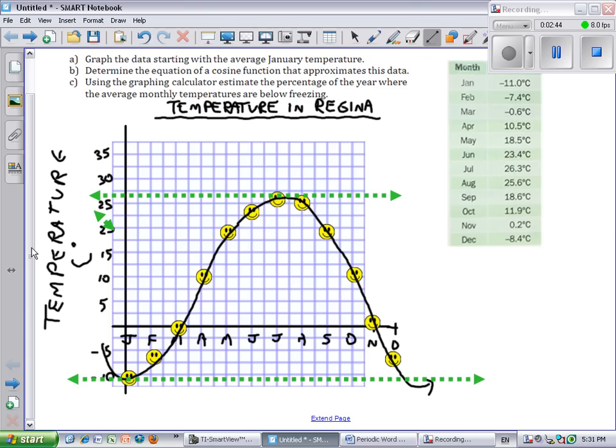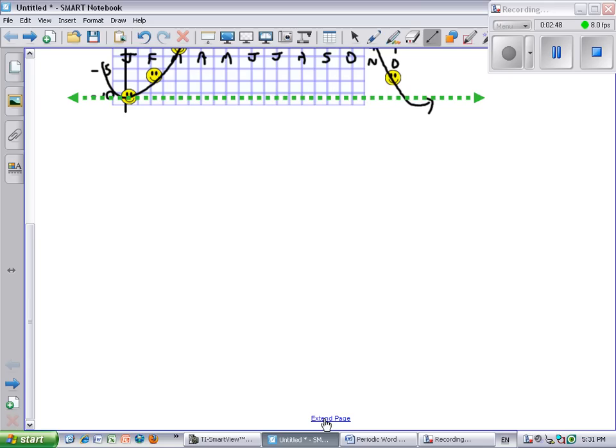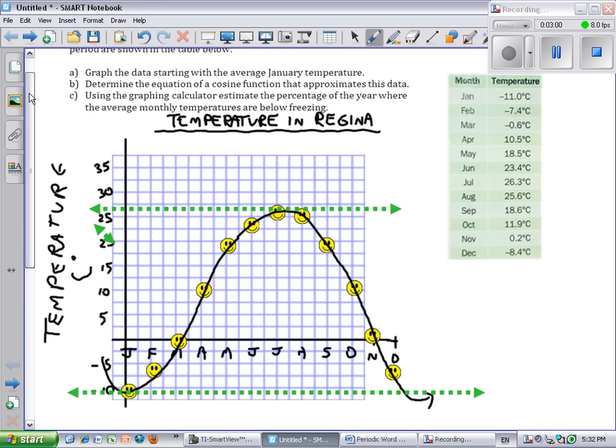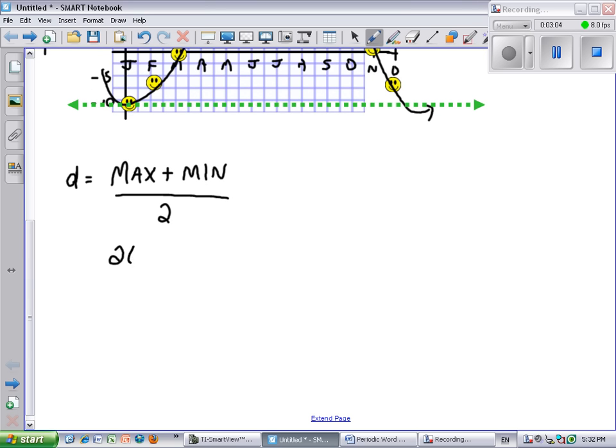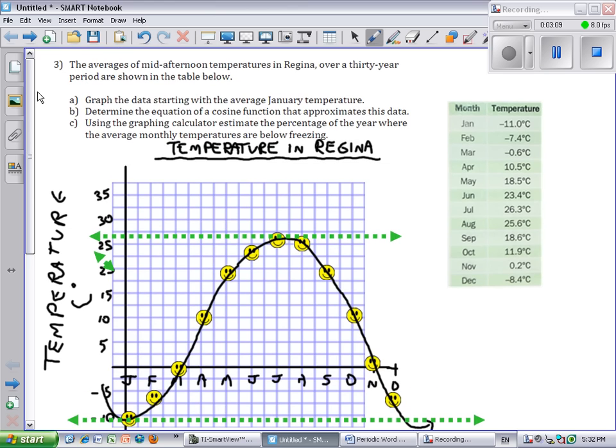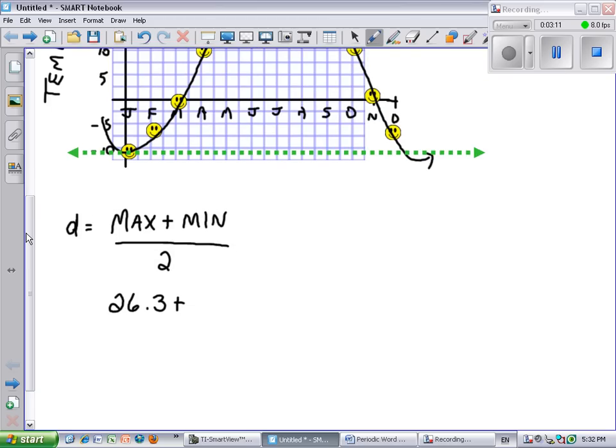So let's take the max and add them in. So the D value, as we remember it, is max plus min divided by 2. Max temperature was 26.3 degrees, plus the minimum was a -11, divided by 2.